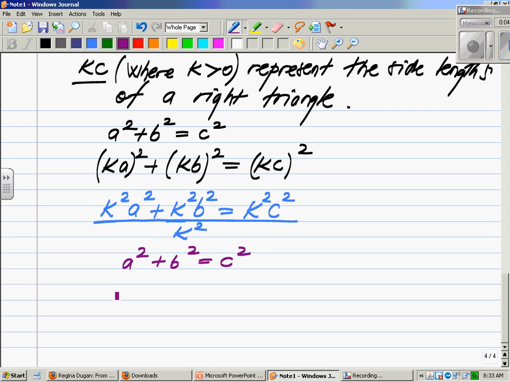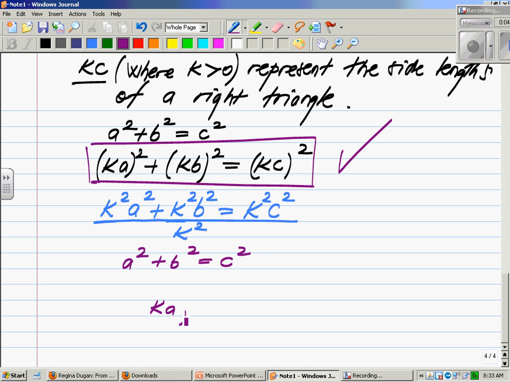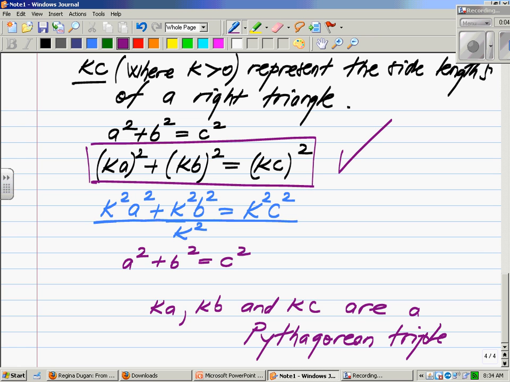So what can you tell me about this statement here? Is that true? Absolutely. And we're done. Ka, Kb, and Kc are a Pythagorean triple. That's problem number 36. And we're done.